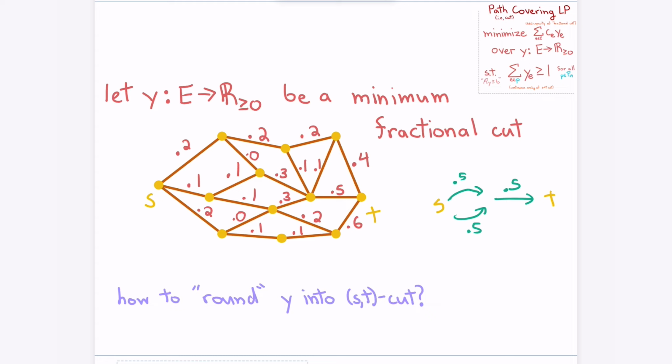Yeah. Oh, okay. Can I do something deterministic? Yeah. I guess the idea was, can I look at every path and take the biggest edge on that path?